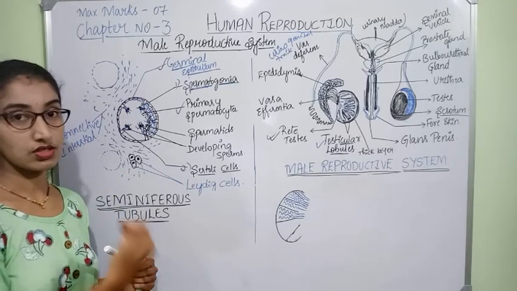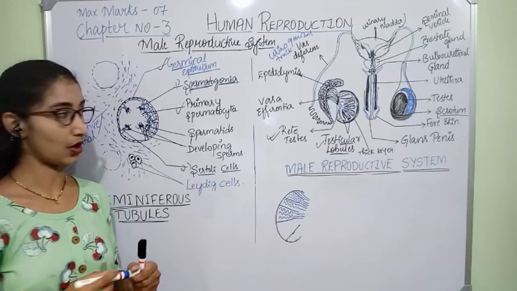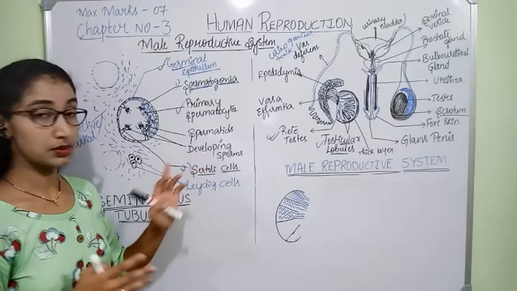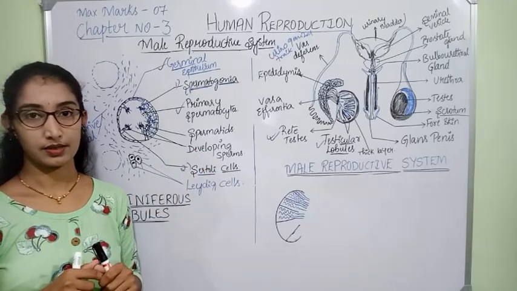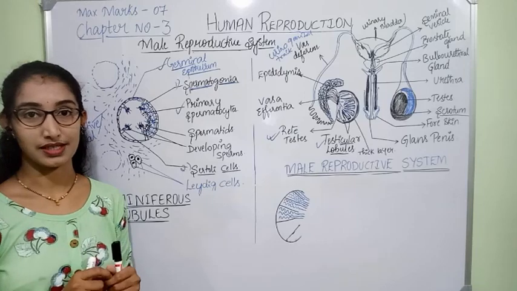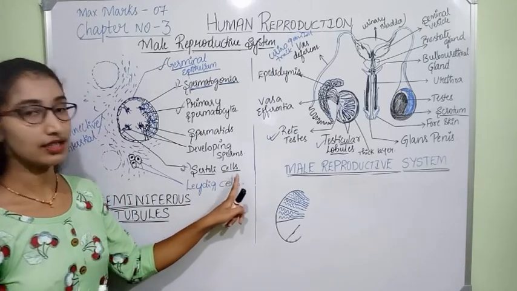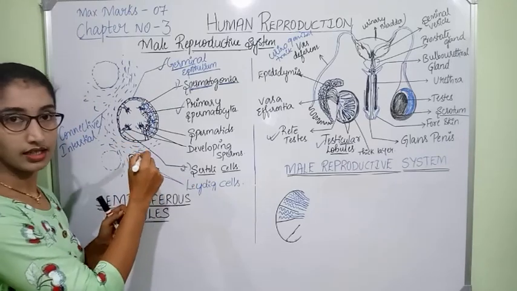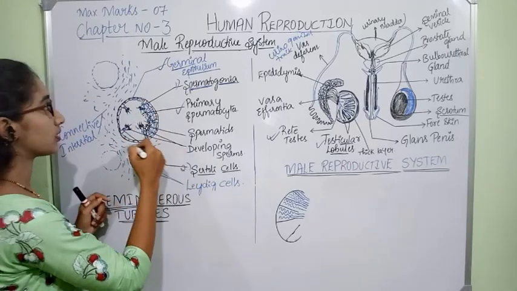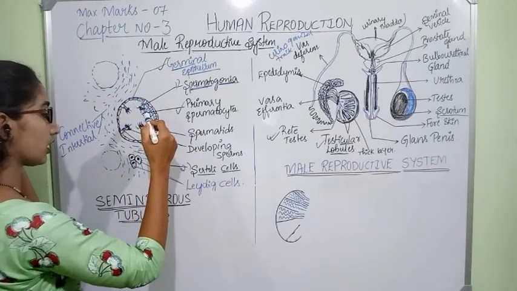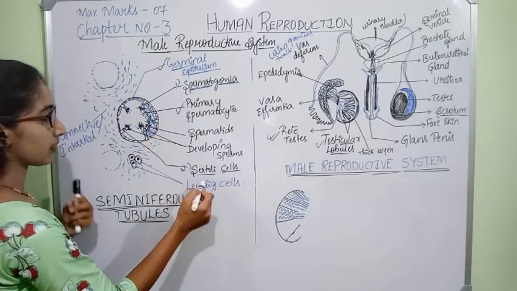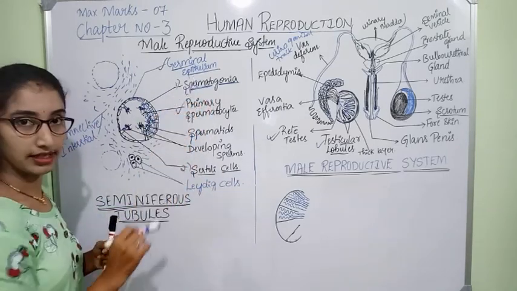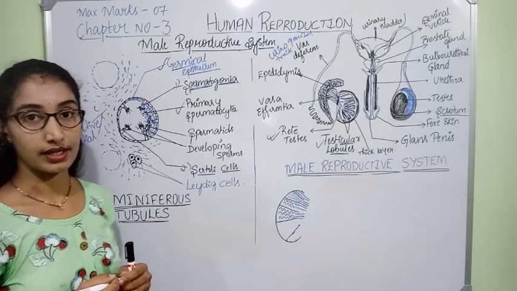For the spermatids to convert into developed sperms, they need nourishment, and that nourishment is given by the Sertoli cells. The Sertoli cells, which are present in the germinal epithelium, are modified cells. They are also germinal epithelium cells, but they are modified.